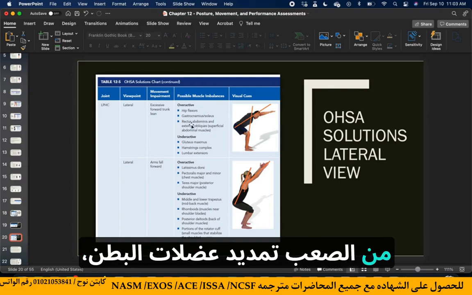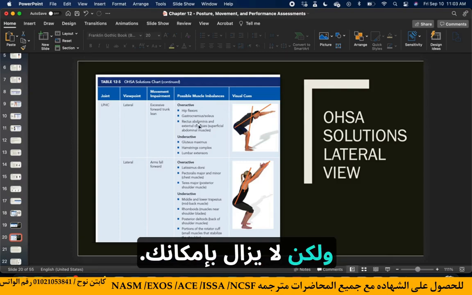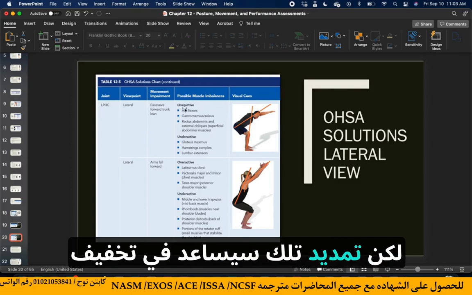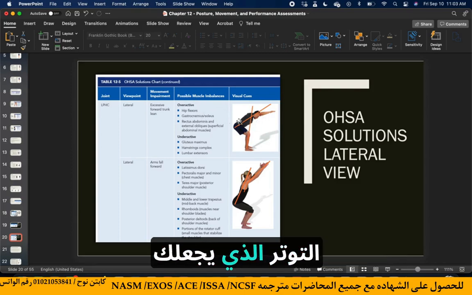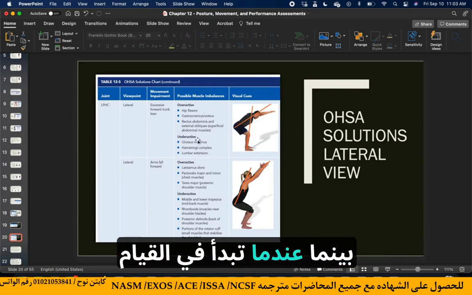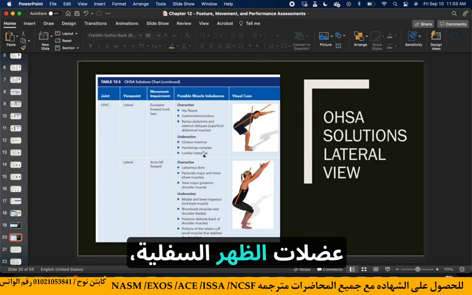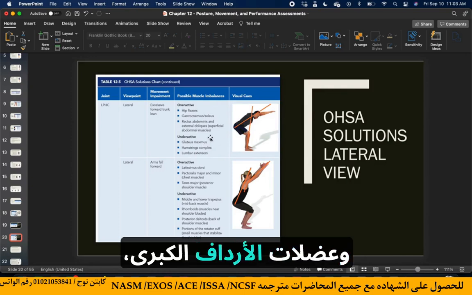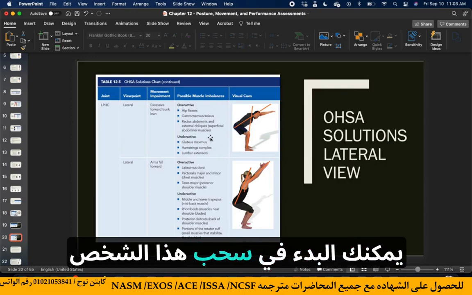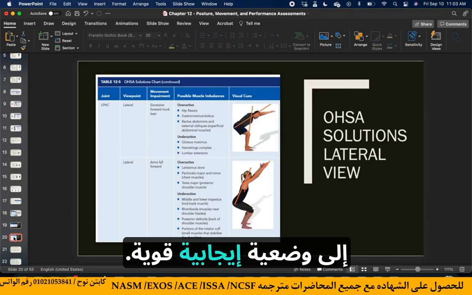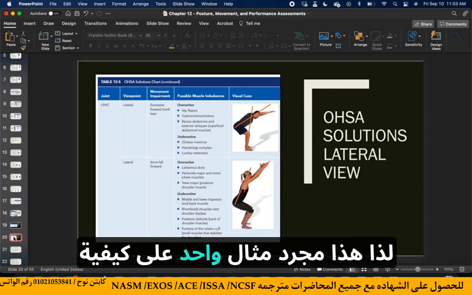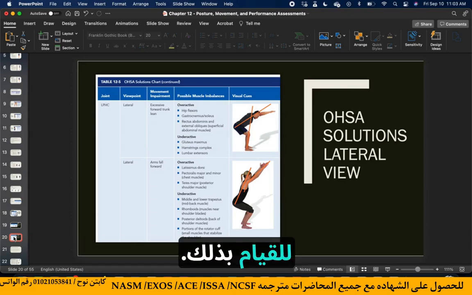It's tough to stretch your abs, but you still can. Stretching those will help alleviate that tension that's causing you to pull forward. Whereas when you start doing strengthening exercises in a corrective format to these three, lumbar extensors, hamstrings, and the glute max, you can start pulling that person back into a strengthened positive position. So that's just one example of how we can use these solution charts to do that.